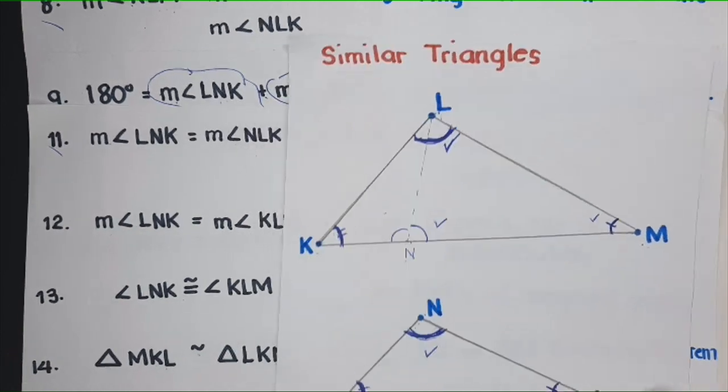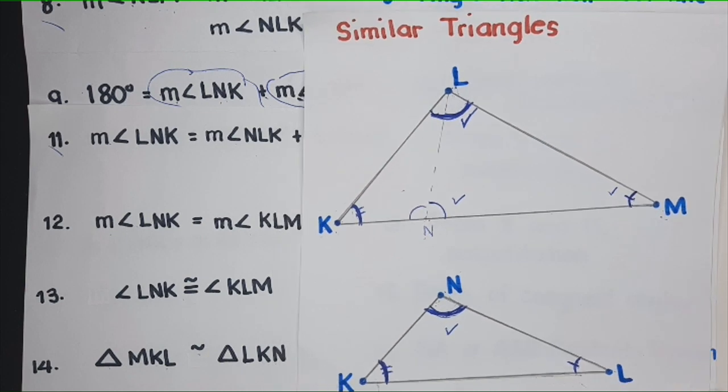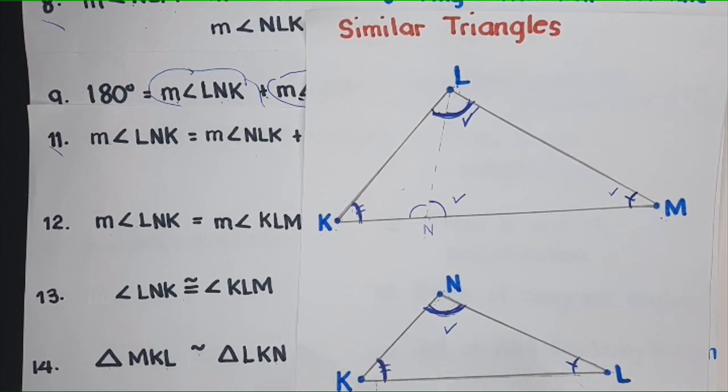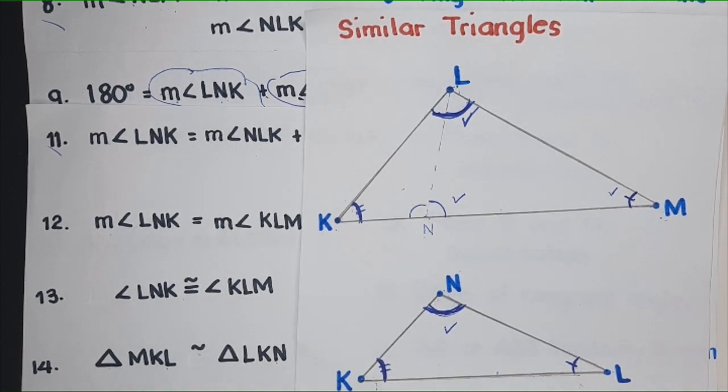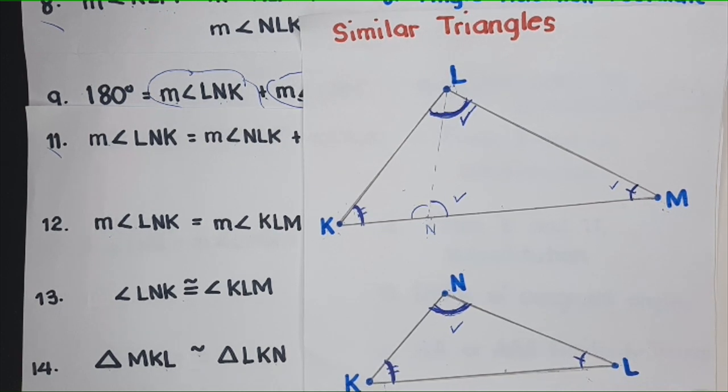Let's go back to our figure. Okay? You see? So, ito yung dalawang triangles na na-prove natin na similar. Now, what can we say about their sides? Okay? So, their sides or the lengths of their sides are proportional. Okay? What do I mean by that?